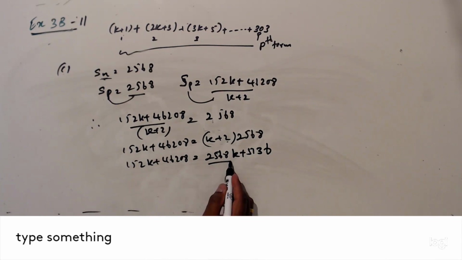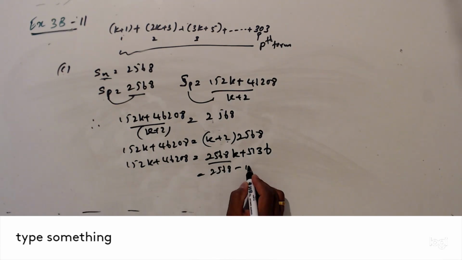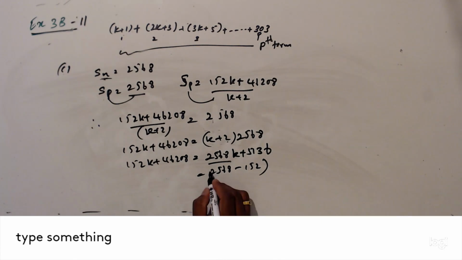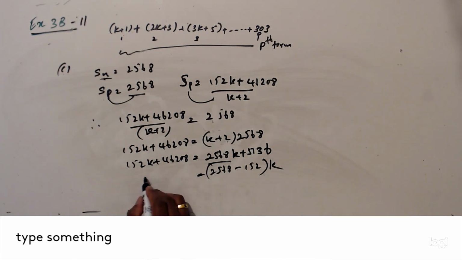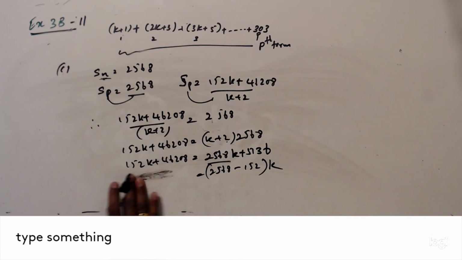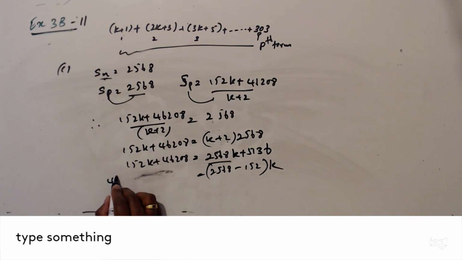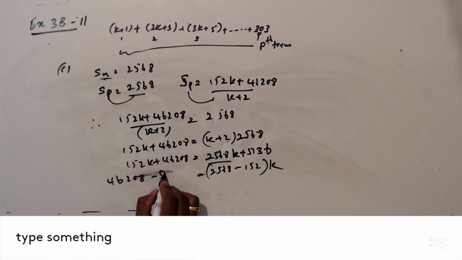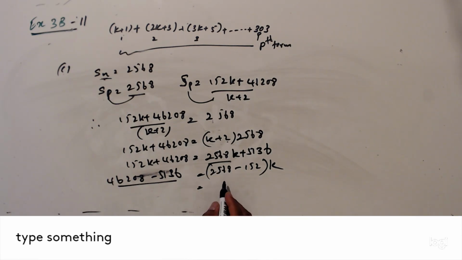Then this is 2568 minus 152 times k, and I bring the 46208 to the left side: 5136 and 2416k.